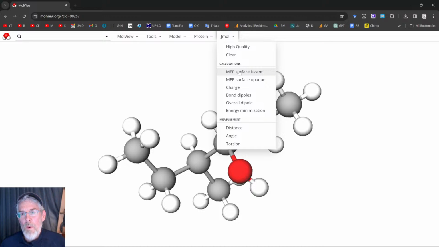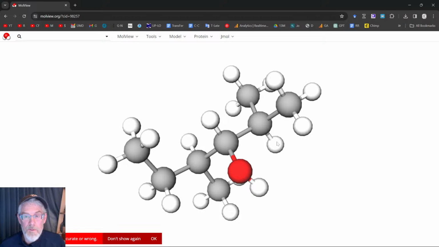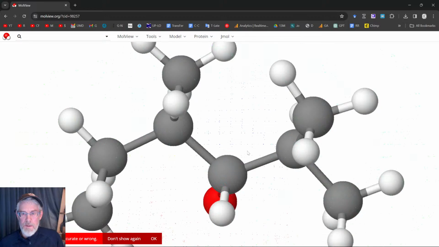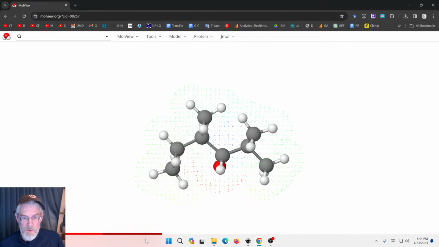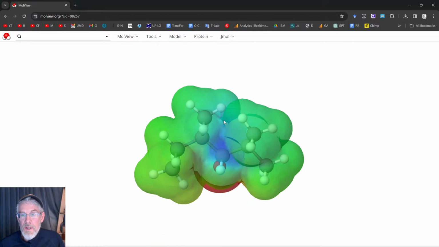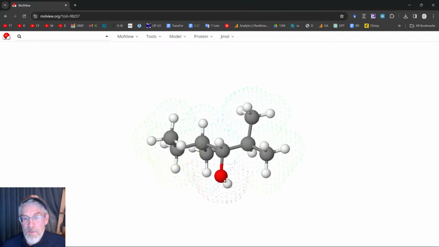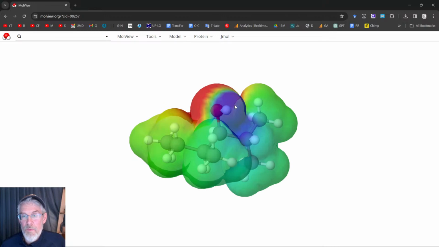That means kind of the electron density, and more density would give you a negative area. I'm going to turn this off here, make it a little smaller. So now you see that all the green is non-polar, but look at that oxygen there. See that red? And then the hydrogen, that's going to be positive. So we have a negative and a positive. It's definitely a polar molecule.